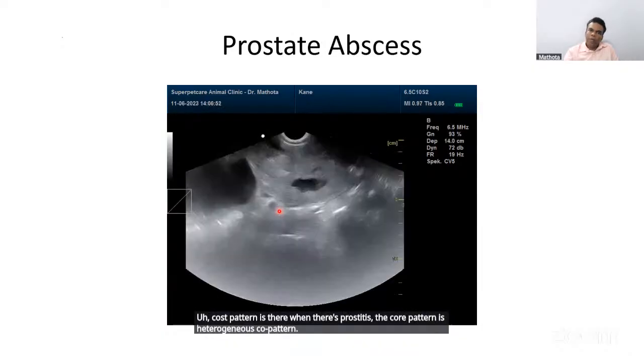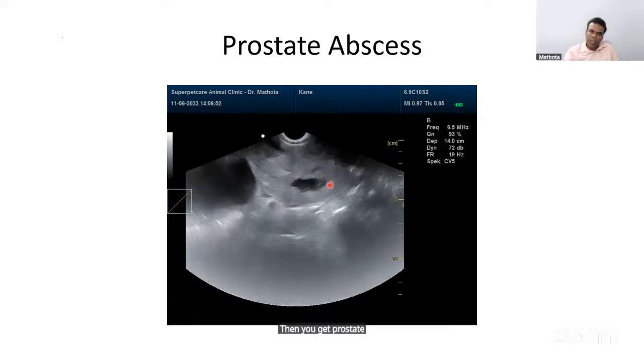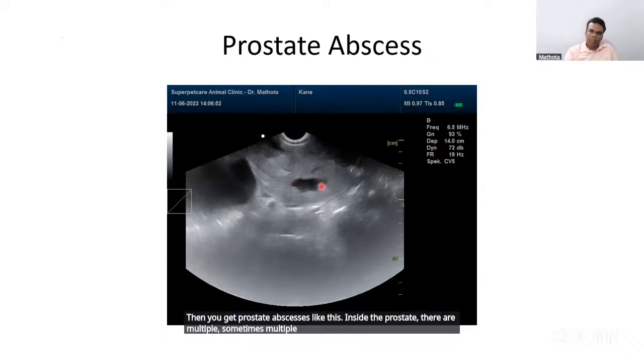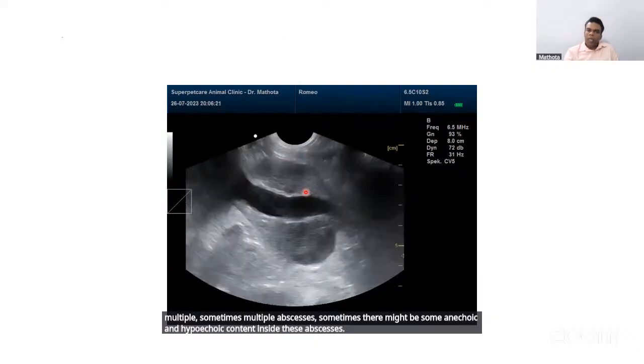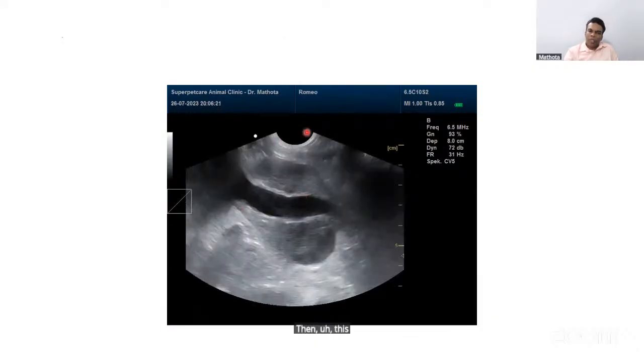Then you get prostate abscesses like this. Inside the prostate there are sometimes multiple abscesses, and sometimes there might be anechoic and hyperechoic content inside these abscesses. Then this is a prostate gland, and inside it you can see this dilated urethra.